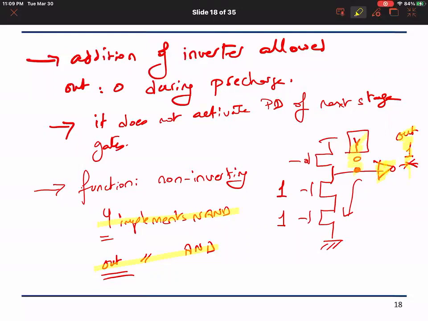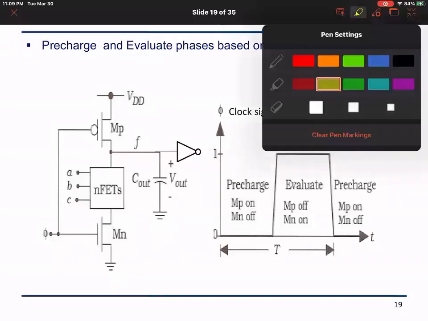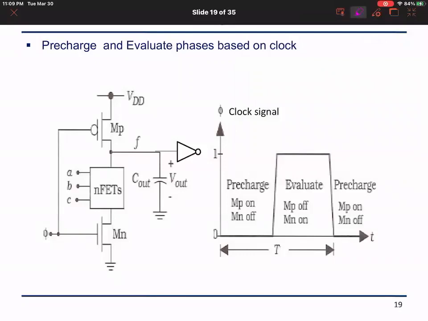Okay, so now we have the complete picture. I have a circuit with a pull down network. I have a pre-charge transistor, a transistor that helps me charge. I can have a protective footer device, and those two are connected to a clock. Now, when the clock signal is low, the P is on and the N is off.